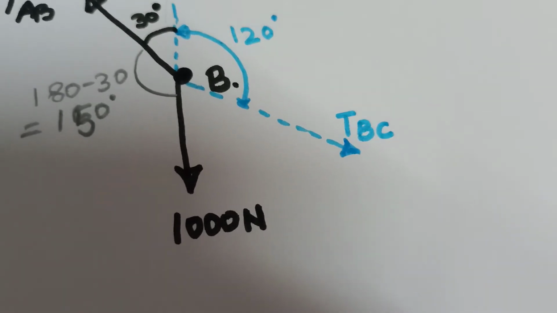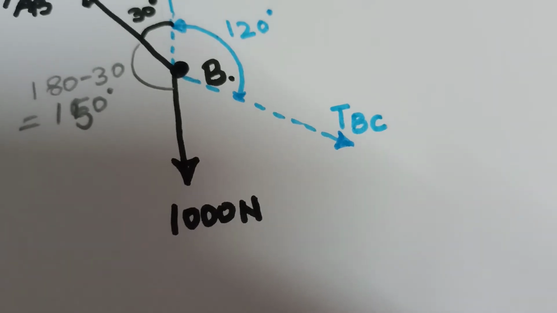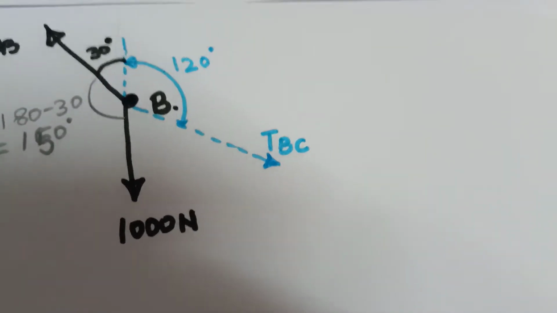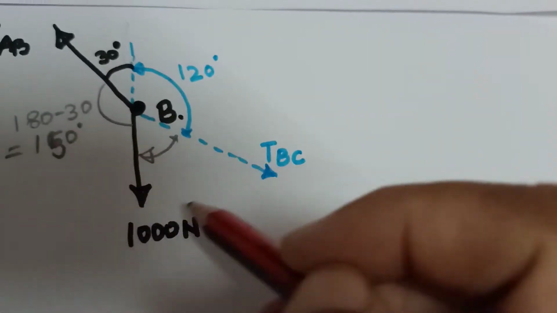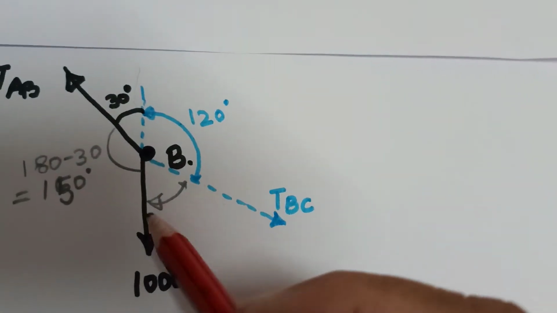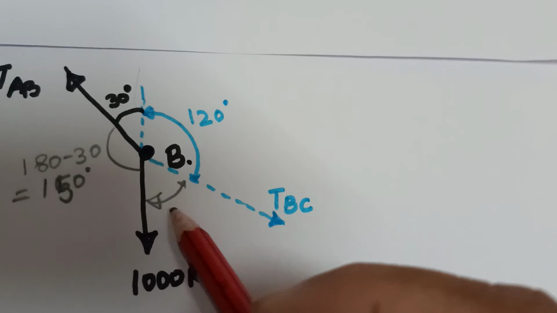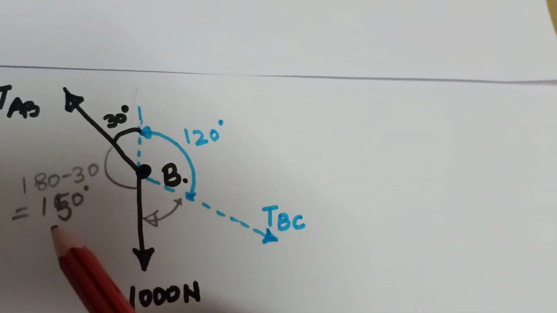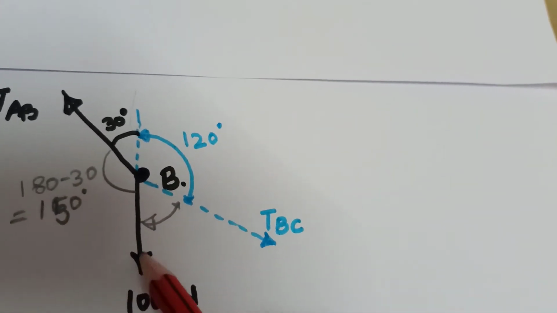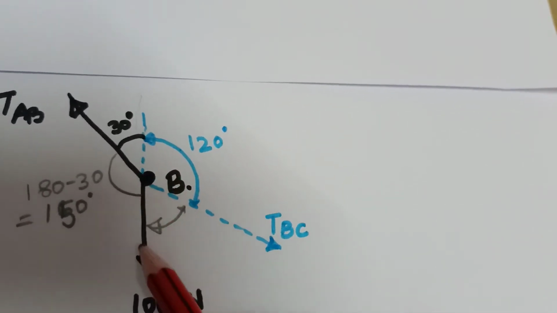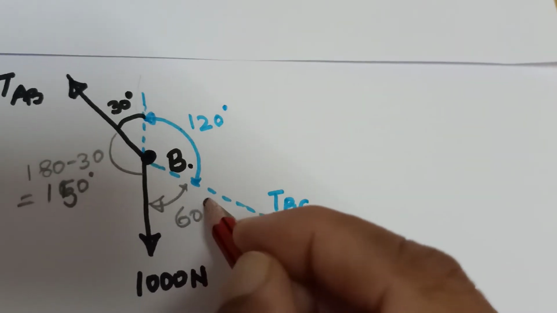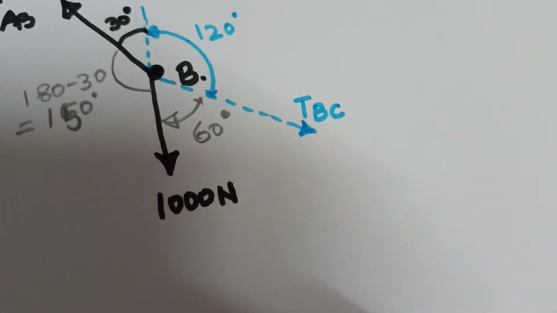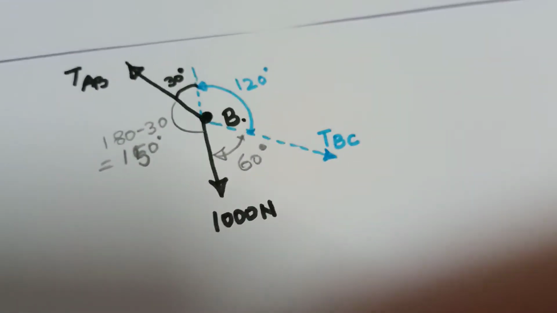Now, any other angle left? Yes, this angle is left. How to calculate this angle? So we know that the total angle is 360 degree. So if I want this particular angle, I can have 360 minus 120 minus 30 minus 150. Or in another way, if this is a straight line, it is 180, so 180 minus 120, that is 60 degree. So this angle will be 60 degree.